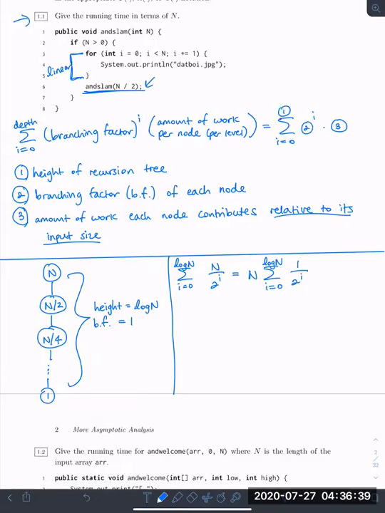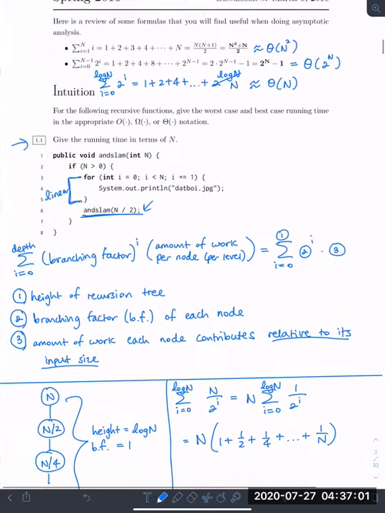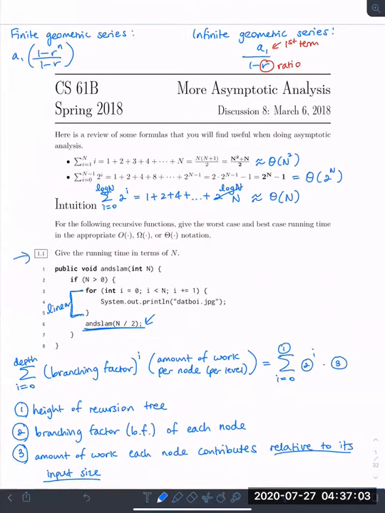So you can actually just brutally calculate this part right over here. So if we want to do that, then let's just expand out what this would be, right? So we have 1 plus 1 over 2 plus 1 over 4 plus all the way to 1 over n, right? And basically, we can, again, plug it into this finite geometric series formula up at the top.